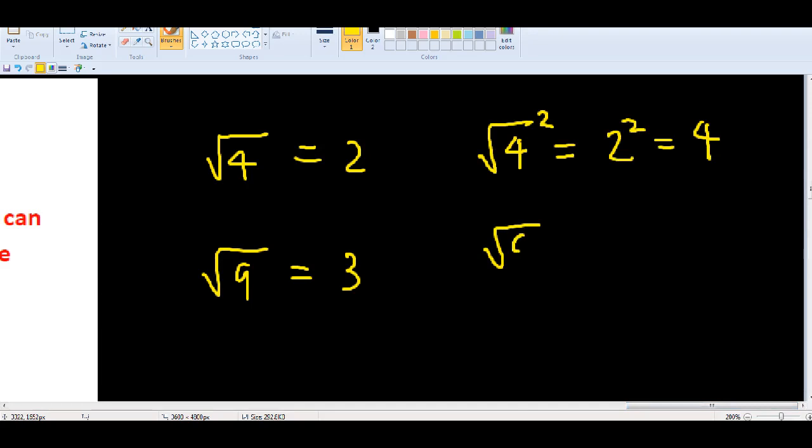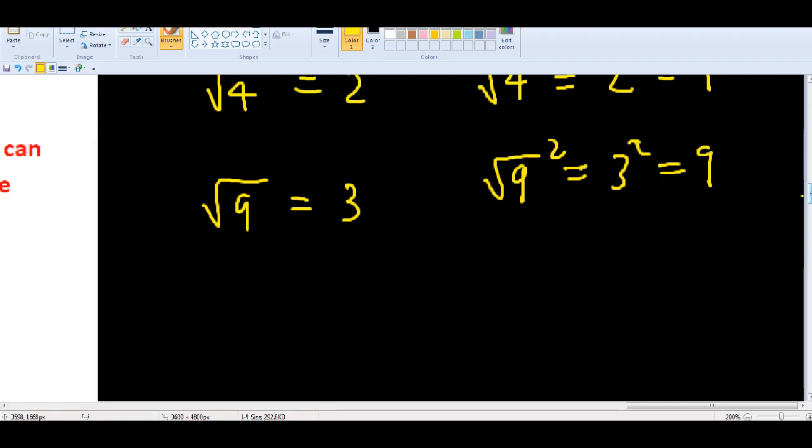If you got square root 9, square it, square root 9 is 3, 3 squared is 9, so you go back to 9. That makes us believe anything inside that square root sign, for example p, if you square it, you just get your p.